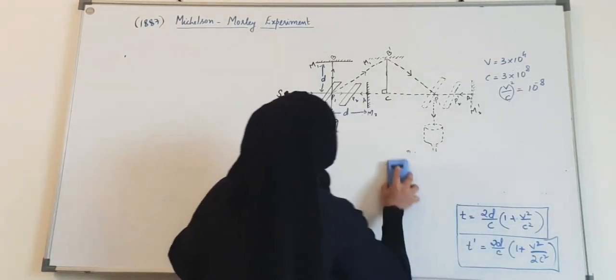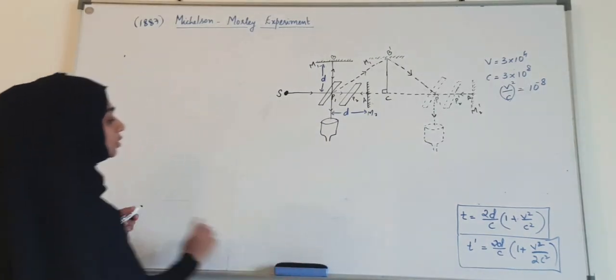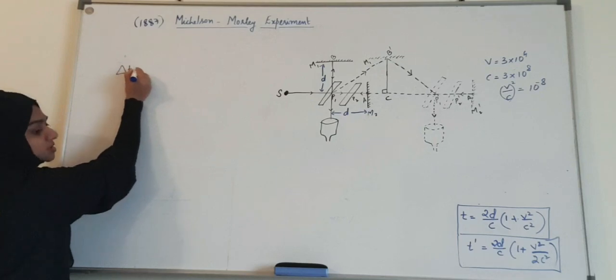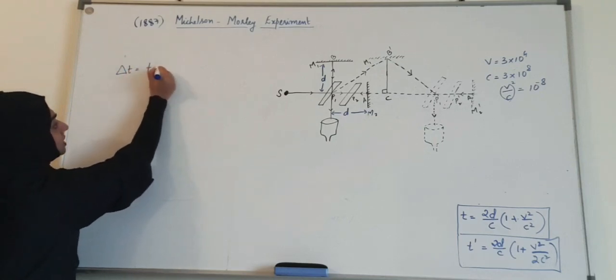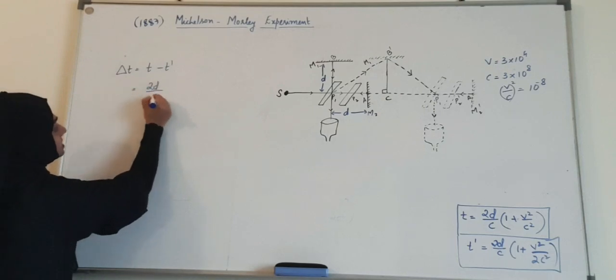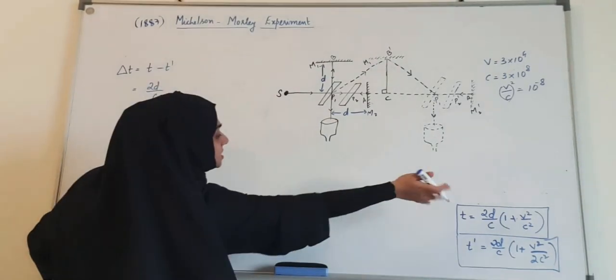So let me find the time difference. I have the time difference delta t, which is equal to t minus t prime, which is equal to 2d by c. Let me multiply this expression throughout.